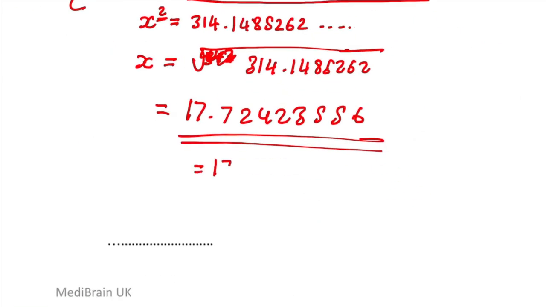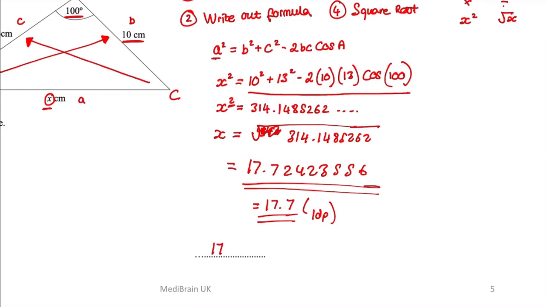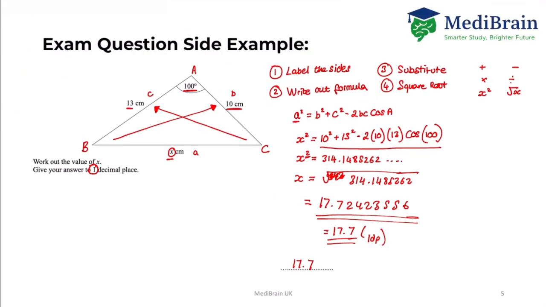It's going to be 17.7 to 1 decimal place. If anyone needs anything clarifying, please let me know, so I can clarify for you. I'll go through it just once more, and then I'm going to give you a question to have a go at yourself.